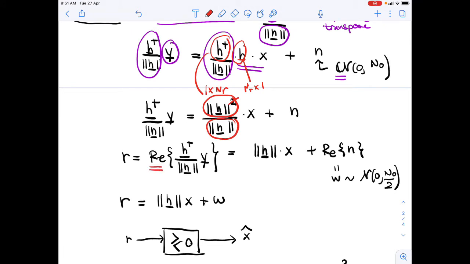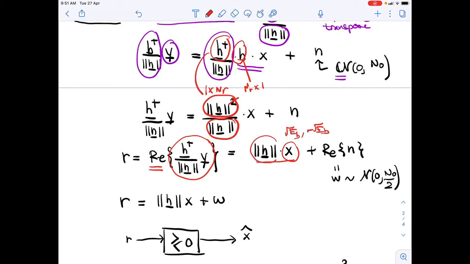Since we're doing BPSK, our signal is only in the real dimension, so we don't need to worry about the imaginary dimension. So we take the real part of what we got after the match filter. This is already real, right? Remember, this is either square root of EB or minus square root of EB.